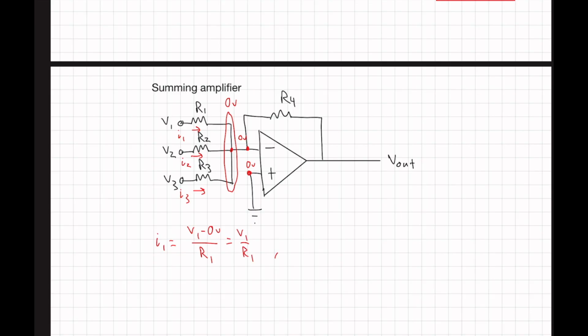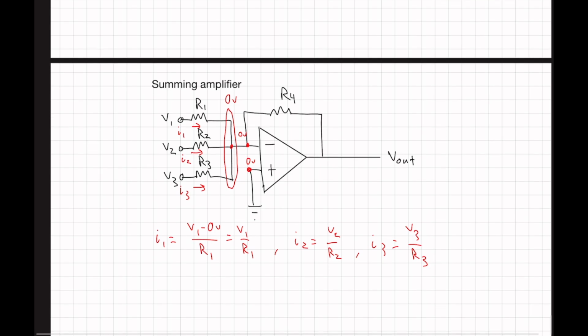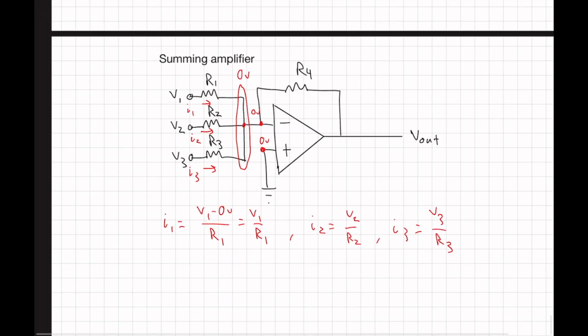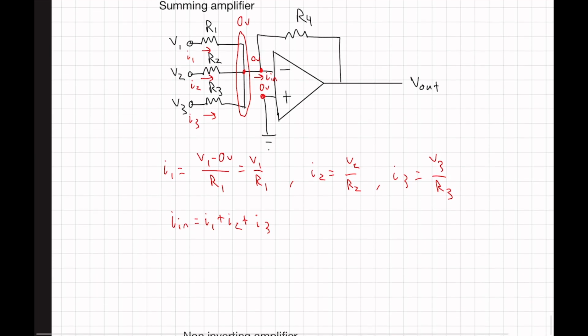Then you can follow that I2 equals V2 over R2, and I3 equals V3 over R3, right? And then with that, the sum of the currents coming out of this node is equal to IN. IN equals I1 plus I2 plus I3.